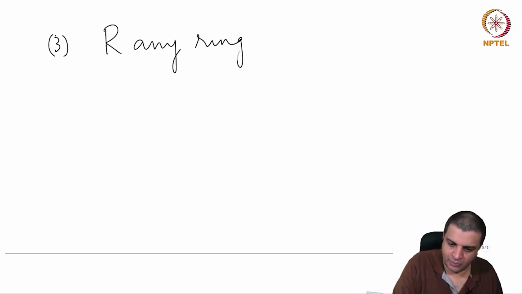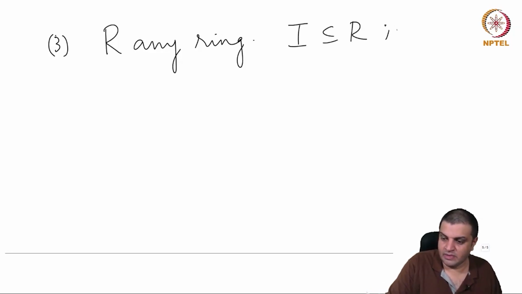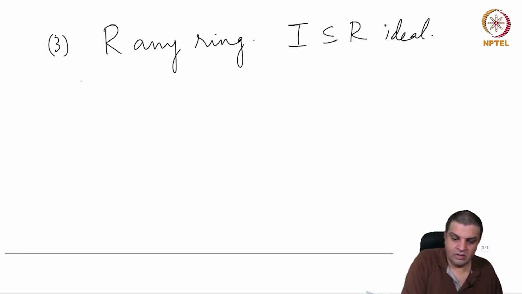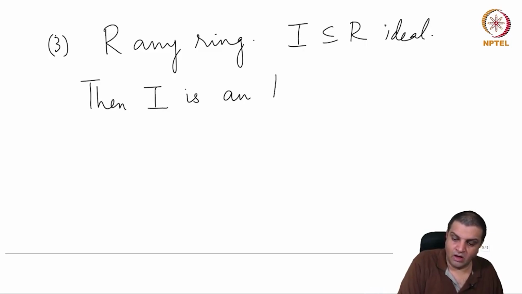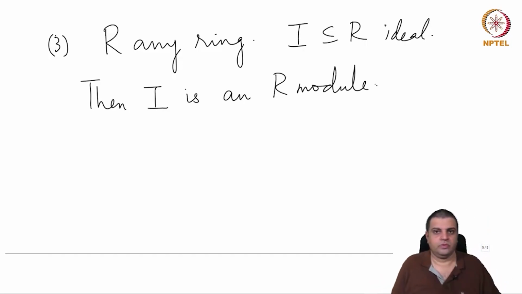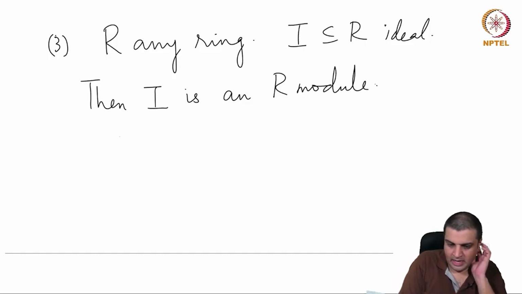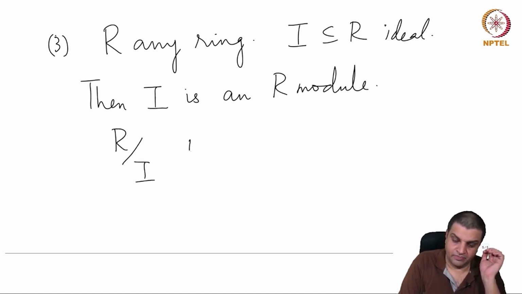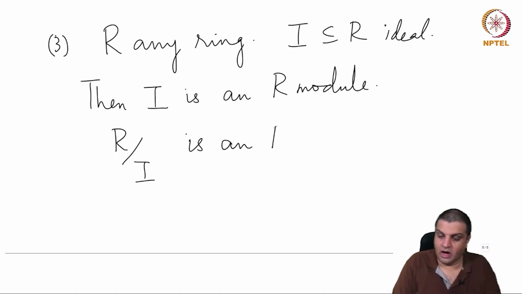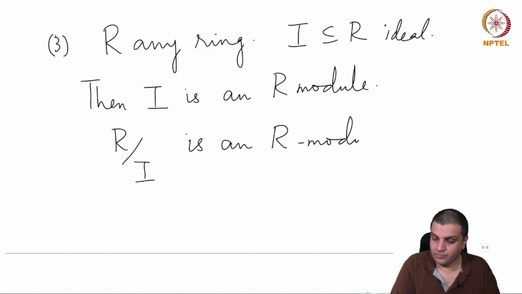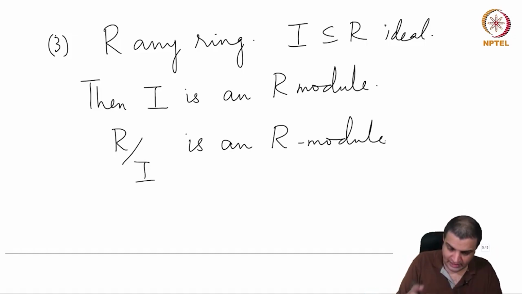Three: let R be any commutative ring and I an ideal. Then I is an R module, and R mod I, the quotient ring, is an R module in the natural way.